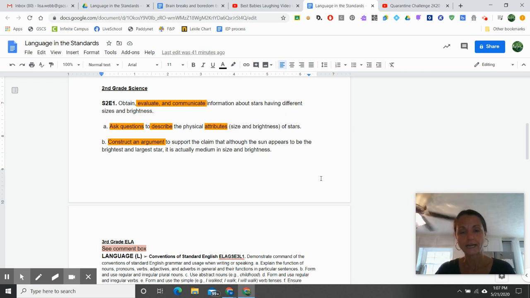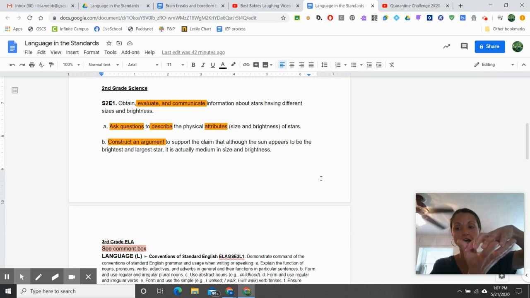When you talk about attributes, you are describing. And then constructing an argument. Again, that's a very high level language skill. So in science, in social studies, which we'll see in a second, what I see is a lot of complex, higher level language skills that the children have to be able to put on top of the information that the teacher is teaching them.